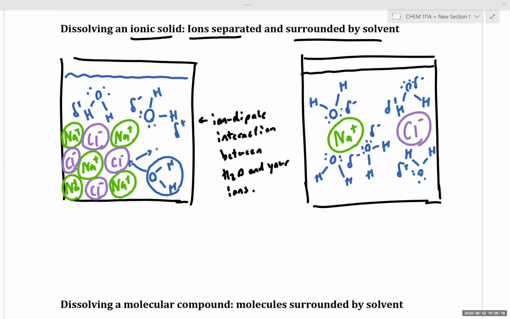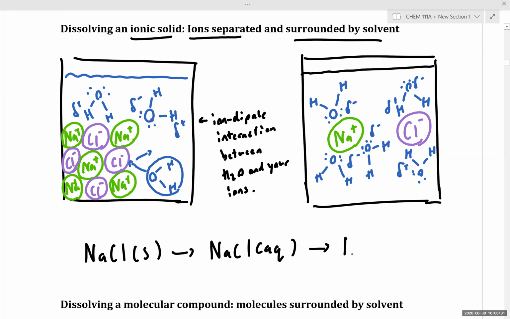Now, the real point of this discussion is that sodium chloride solid, when it dissolves and you generate sodium chloride aqueous, we can really think of sodium chloride aqueous as Na+ aqueous and Cl- aqueous.